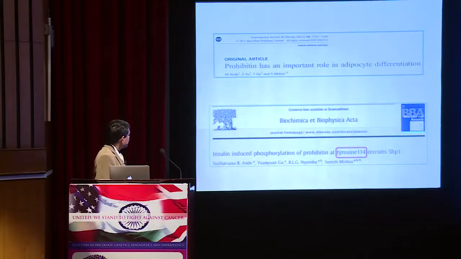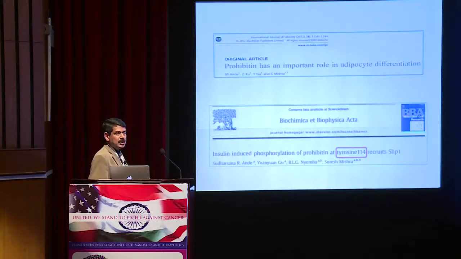Recently, we discovered that prohibitin has an important role in adipocyte differentiation. We published this in 2012 in the International Journal of Obesity. Previously, we identified a critical phosphorylation site in PHB, tyrosine 114.